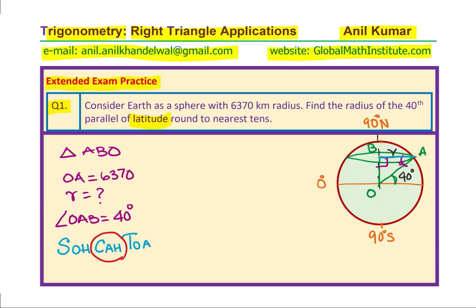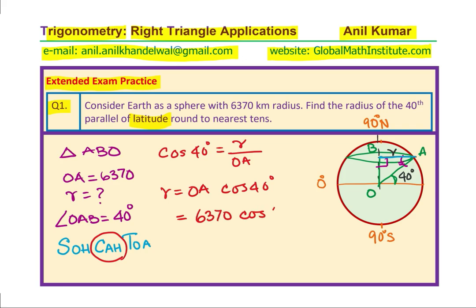So cos of 40 degrees is equal to R over the side length OA. Therefore R is equal to OA times cos of 40 degrees. OA is the radius of the Earth, which is 6370, multiplied by cos of 40 degrees gives us the answer.